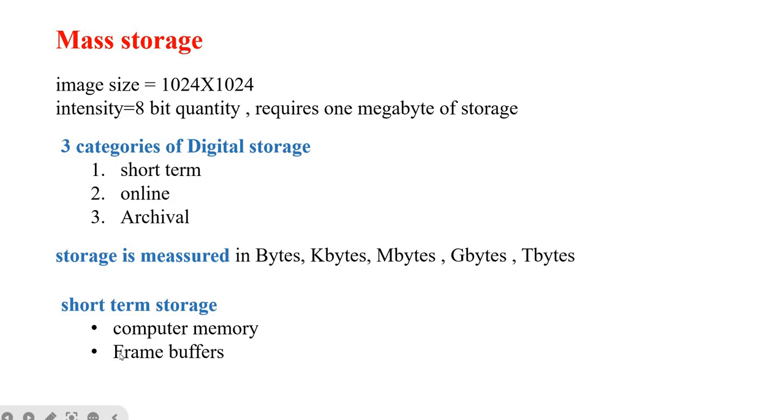So you can use the computer memory as well as the frame buffers for short-term storage. Frame buffers can store one or more images, and these can be accessed rapidly at the video rates of 30 complete images per second.